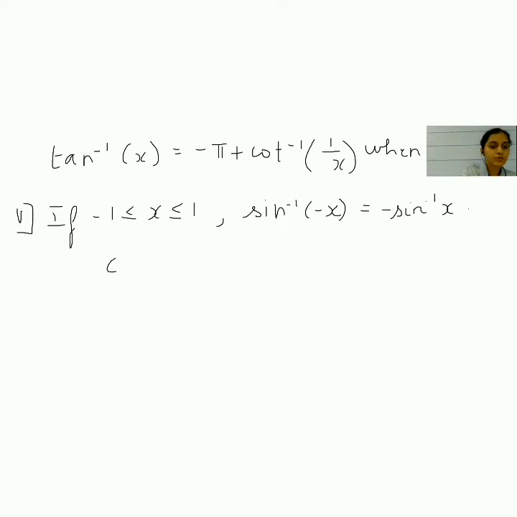Similarly, we can write it for cos inverse of minus x is equal to pi minus cos inverse of x. That's exactly what we do when we have a negative value of x on the right hand side. So what we'll have to do is subtract the theta value, pi minus the theta value. Then it will give me the cos inverse of minus x. Okay, this is your cos.